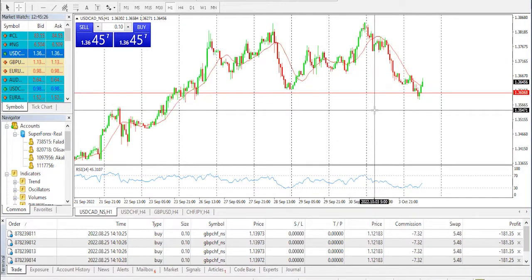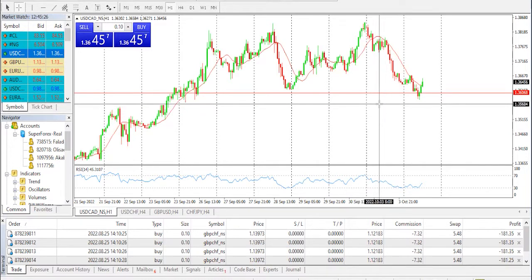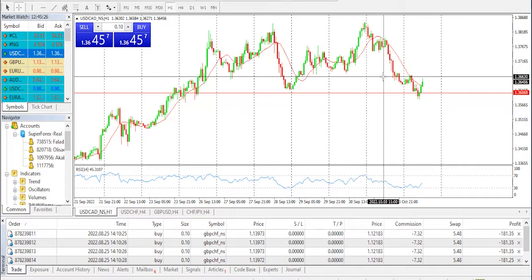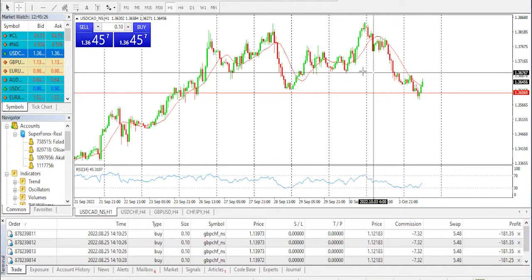This, along with the prevalent US dollar selling bias, acts as a headwind for the USD/CAD pair and protects for an extension of the corrective pullback from the highest level since May 2020.